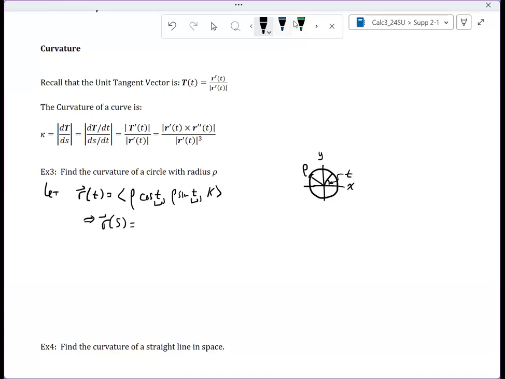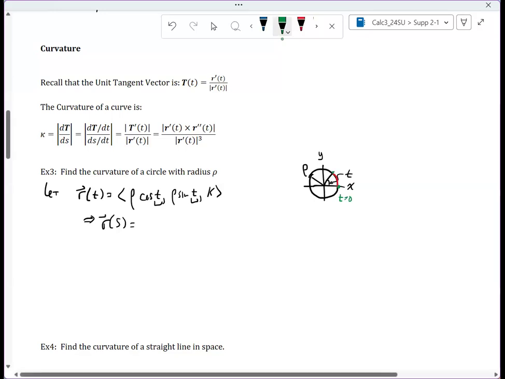And I also know the arc length traced out from t equals 0 to t equals t. Well, for an angle t on a circle of radius rho, my arc length is just the angle times the radius, which is rho times t.